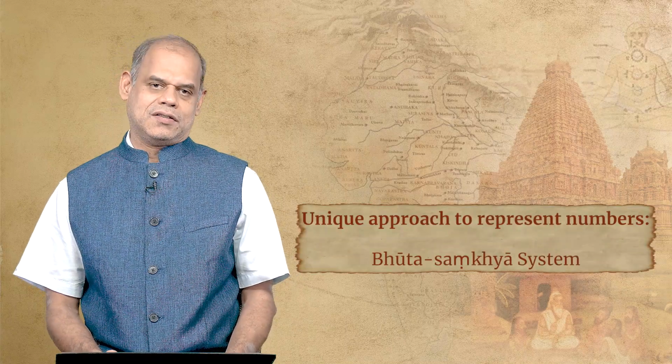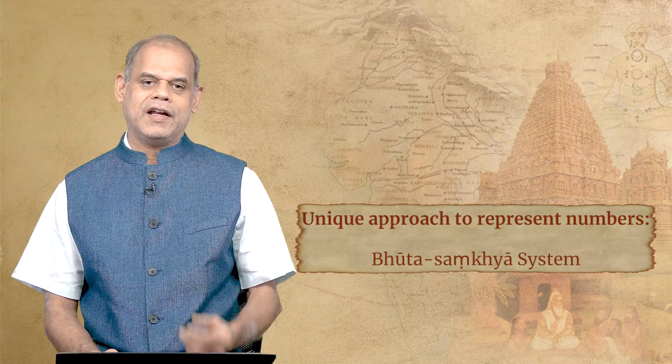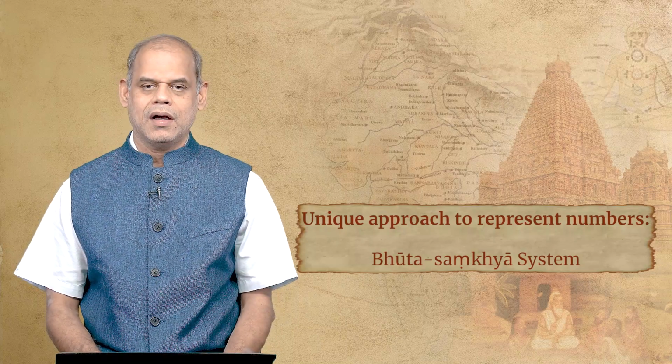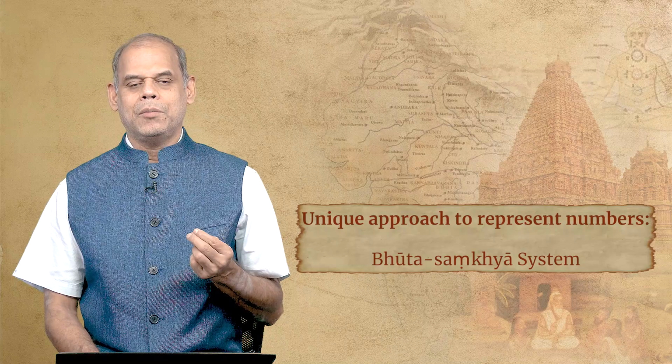So let us try to understand the basic building blocks of Bhūta-Saṃkhyā before we try a few examples. Basically, Bhūta-Saṃkhyā system is a structured approach to express numbers. Basically we have numbers from 0 to 9.